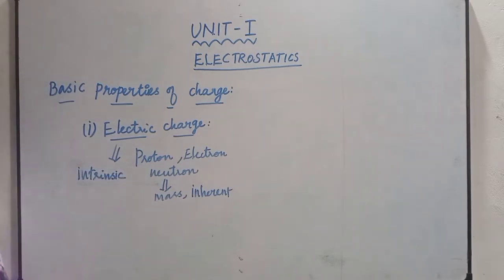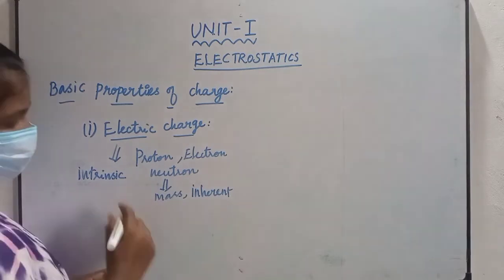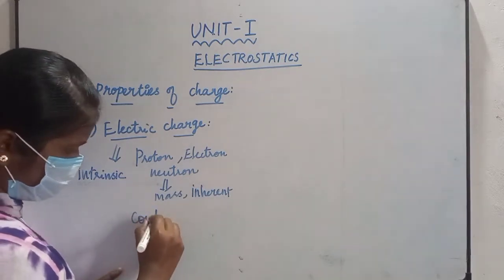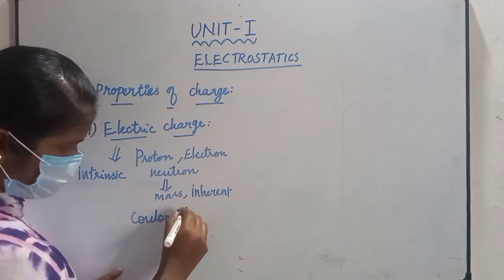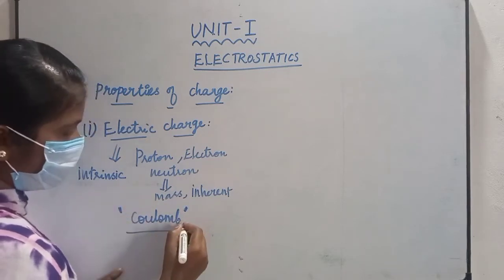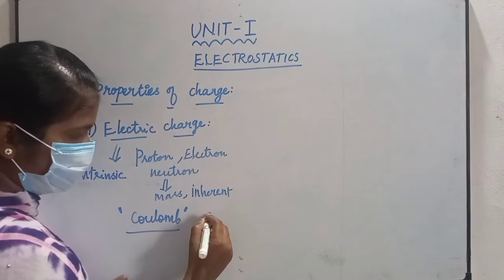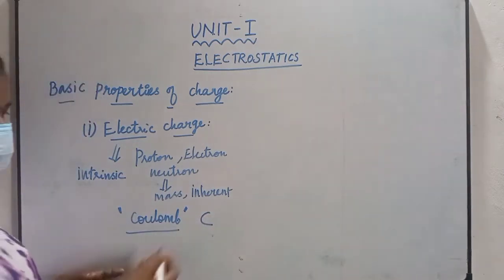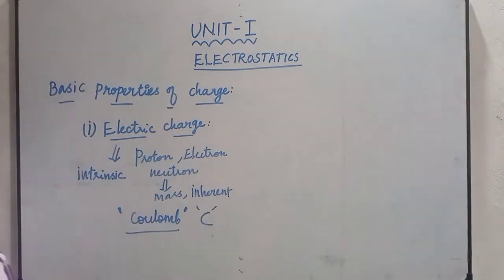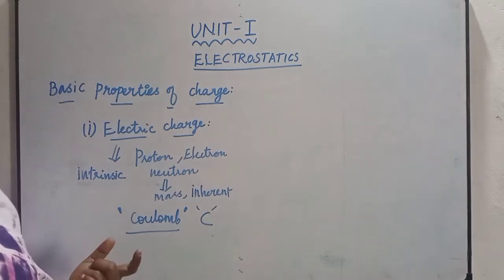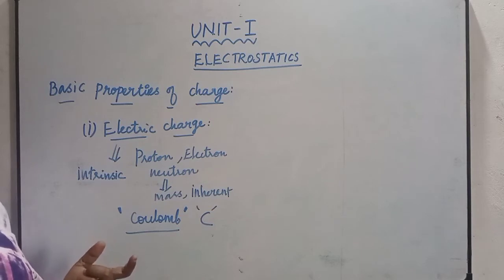Scientists did some experiments, and afterwards they gave the unit of electric charge. The SI unit of charge is the coulomb, and we denote it with the capital letter C. So this is the electric property of the charge.